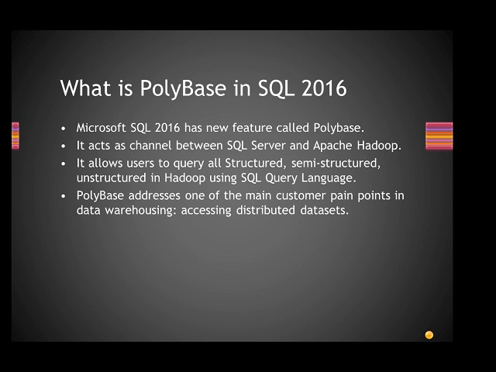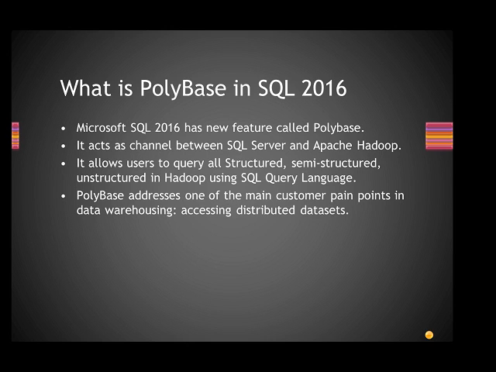You don't have to worry about how the data is stored in Hadoop or Azure, PolyBase will take care of it. You just have to write the normal SQL query, and PolyBase will in turn help you get the data from these unstructured or semi-structured datasets.